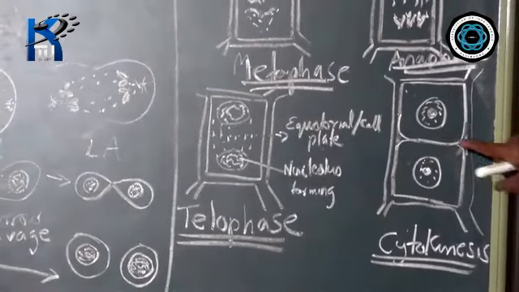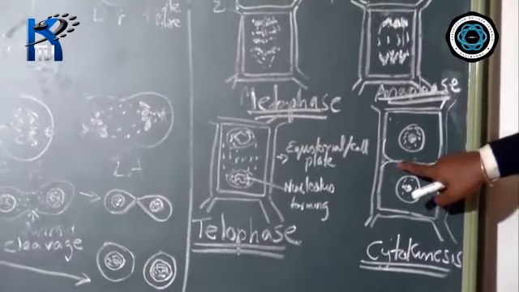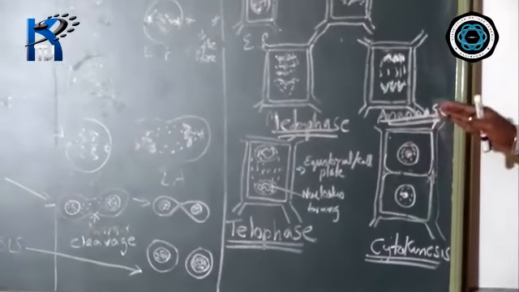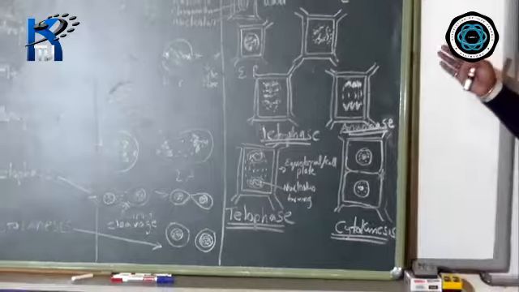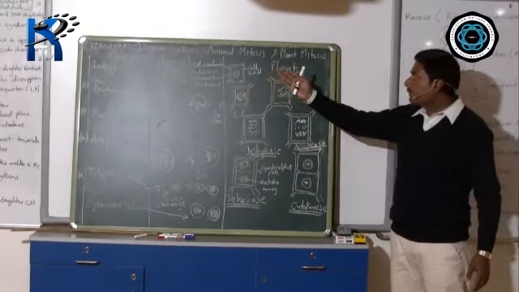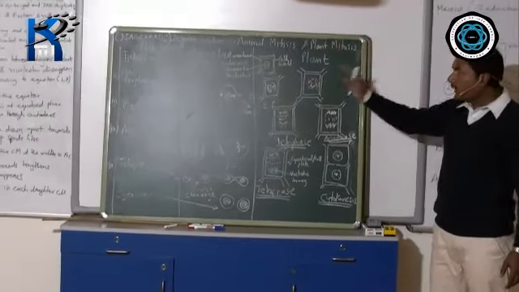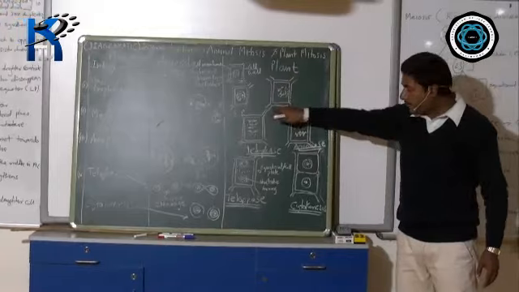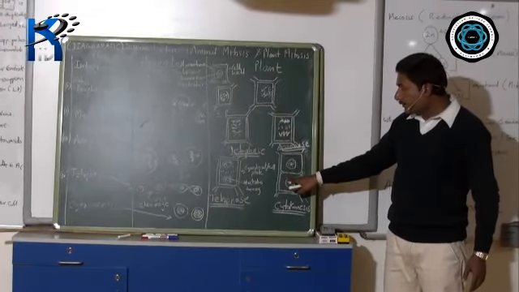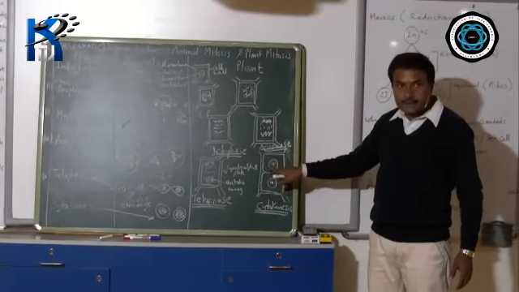Finally, due to occurrence of this cell plate, this cell is going to divide into two daughter cells. So the difference between animal mitosis and plant mitosis is that basically everything is same. Only thing is that centrosome is not there. In the telophase part or in the cytokinesis division, cell plate gets formed.